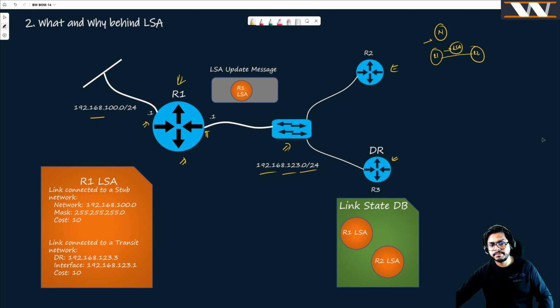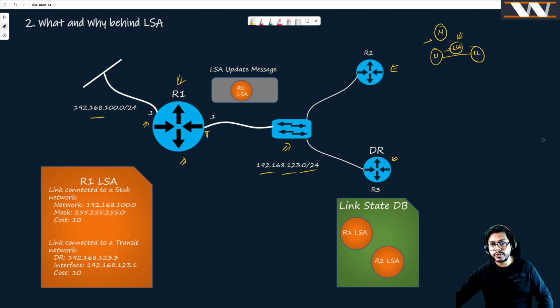It is as simple as that. So what exactly is this LSA? I have been using this term from the last 3 or 4 lectures, but I haven't defined it. So let's try to understand what link state information R1 is going to send to R2.